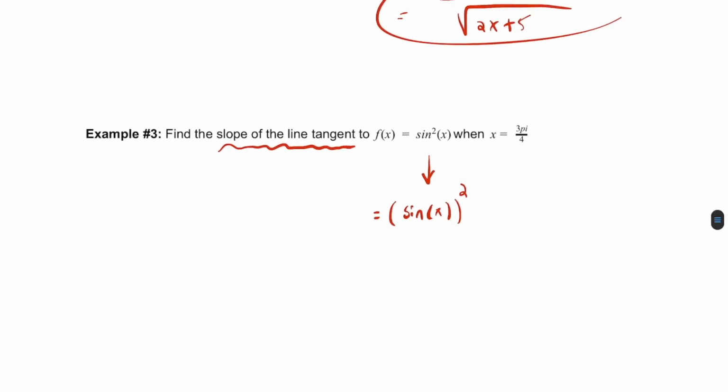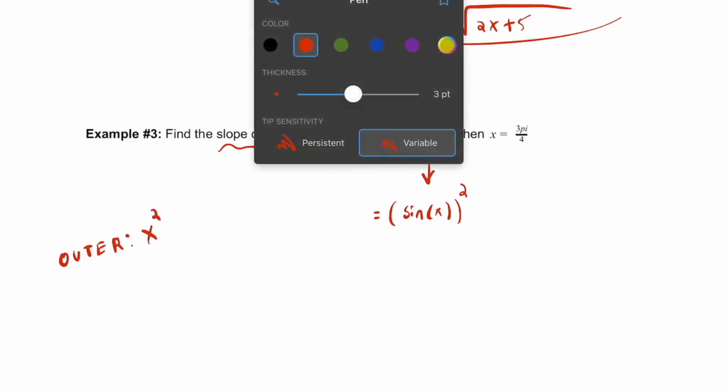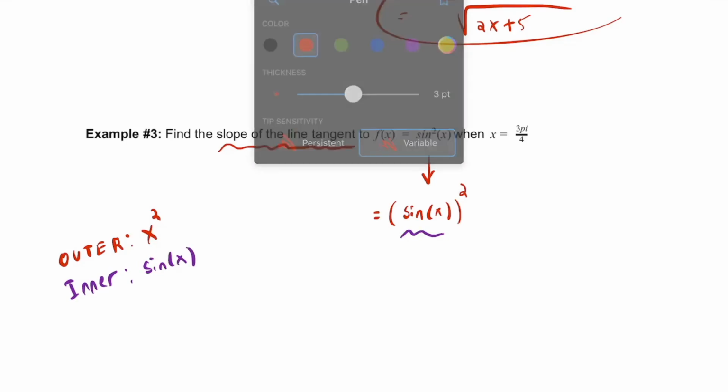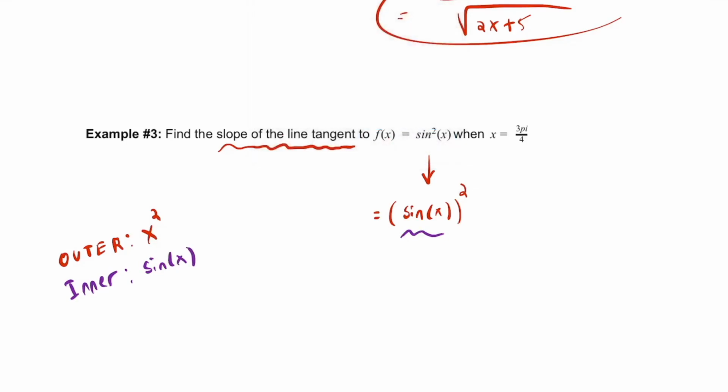And so if we take the derivative, my outer function, right, sine of x squared, there's two things happening here. My outer function is that I'm squaring it. It's what happens last. My inner function is the sine of x. So what I will have here is the derivative of the outer function, f prime of x equals 2x, right?